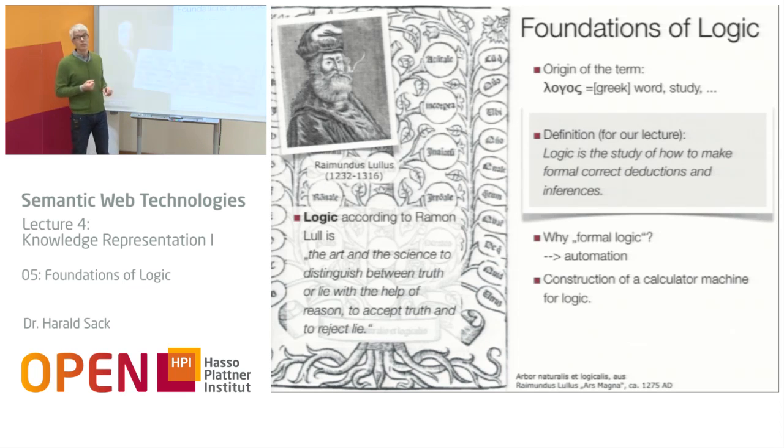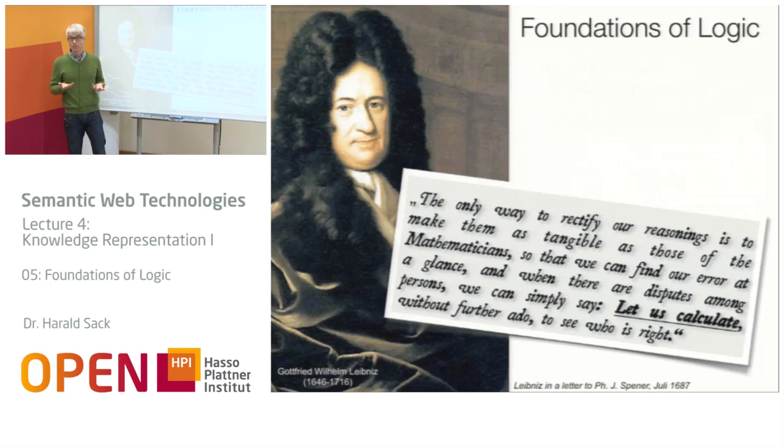Later on, in the times of Enlightenment, Gottfried Wilhelm Leibniz, famous mathematician, came back with this idea and said, if we are able to express our thoughts with the help of logic or mathematics, then we would be able to calculate the answer of a dispute, and we would not have to struggle or to argue.